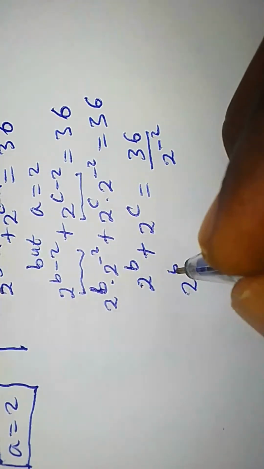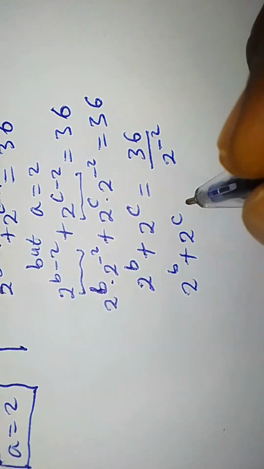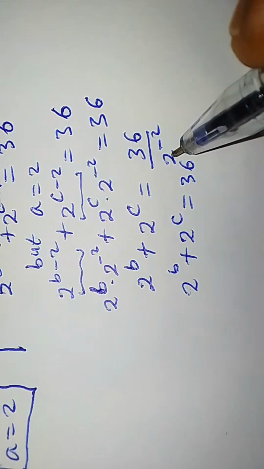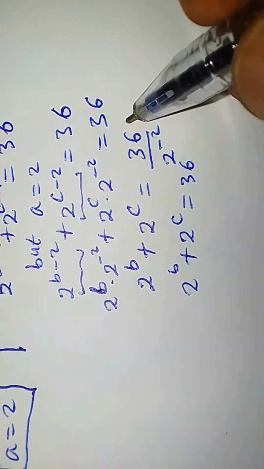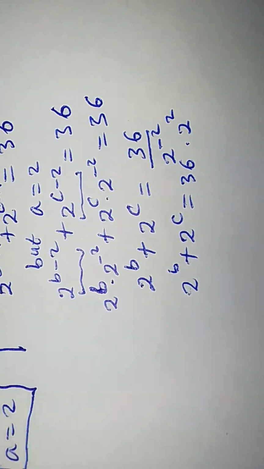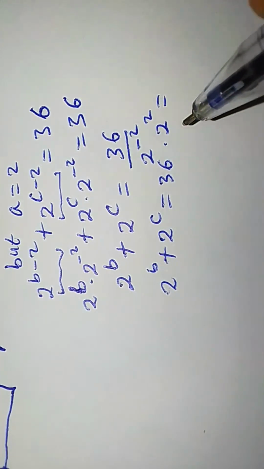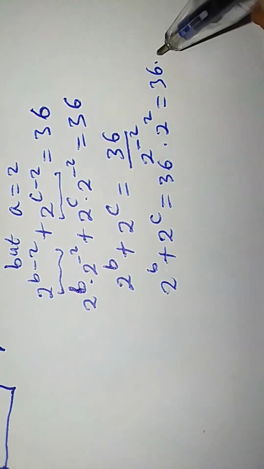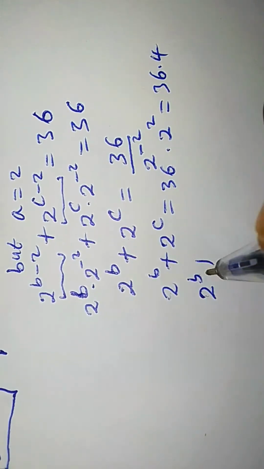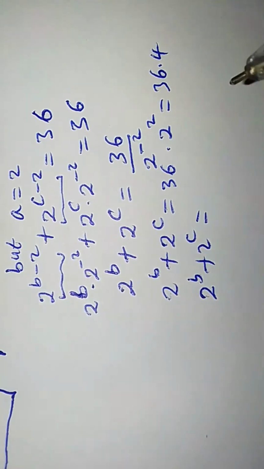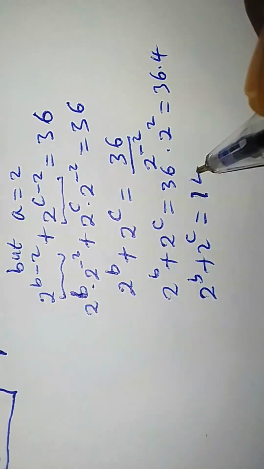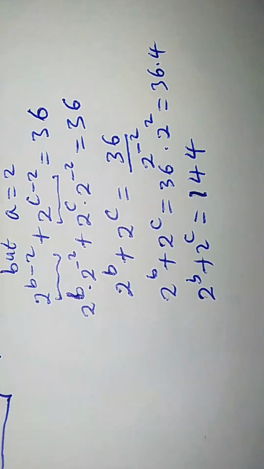Suppose we want 2 raised to minus 2 to be at the numerator, it becomes times 2 square, which equals 36 times 4. So we have 2 raised to b plus 2 raised to c equal to 36 times 4, that is 144.